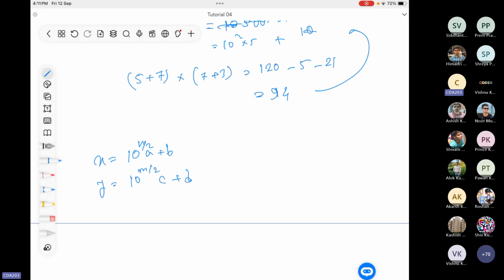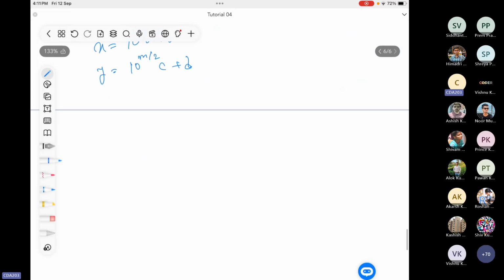Okay, so if you multiply these two numbers, what are the numbers that you obtain? If you think about a 3-digit number and a 2-digit number, let's say your X is a 3-digit number, the multiplication is too big.